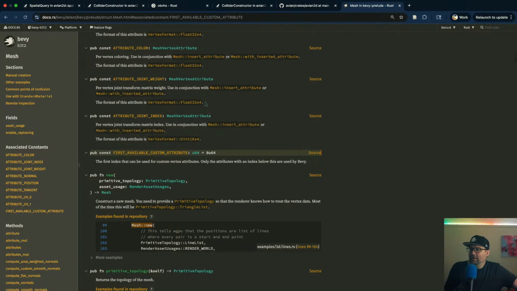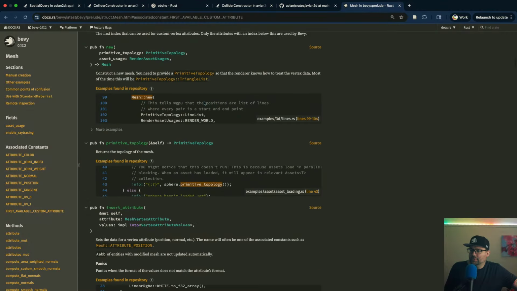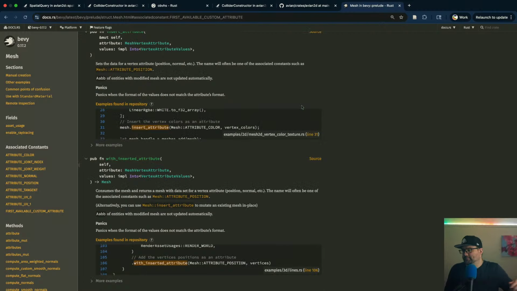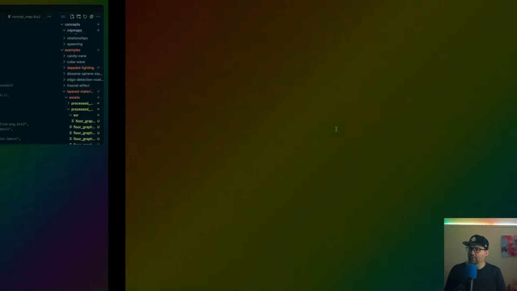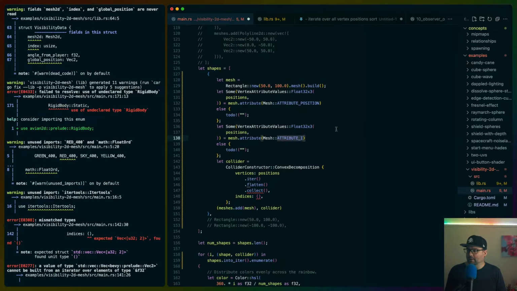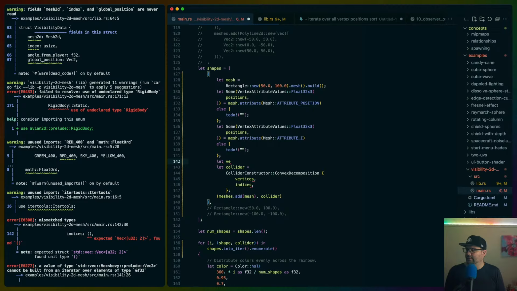I guess we could just assume that all of these are triangle lists, which I think they are, but if you build your custom mesh or whatever, then it won't work. Let's do vertices and indices, and we'll do let vertices.